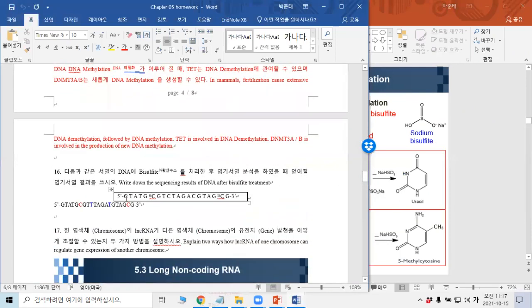So based on this, this C is methylated, and this C is methylated. How about this cytosine, which is not methylated?